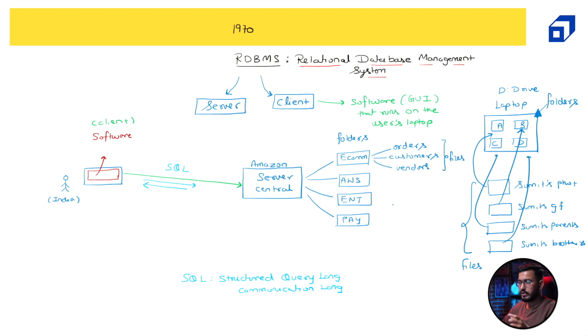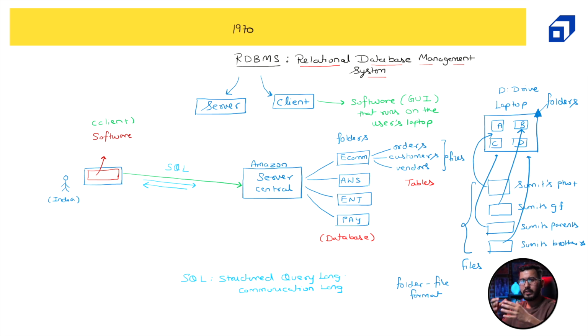So RDBMS follows what is known as the folder file format. Now in RDBMS terms, these folders are known as databases, and these files are known as tables. And these are the two initial components of an RDBMS or of a server.